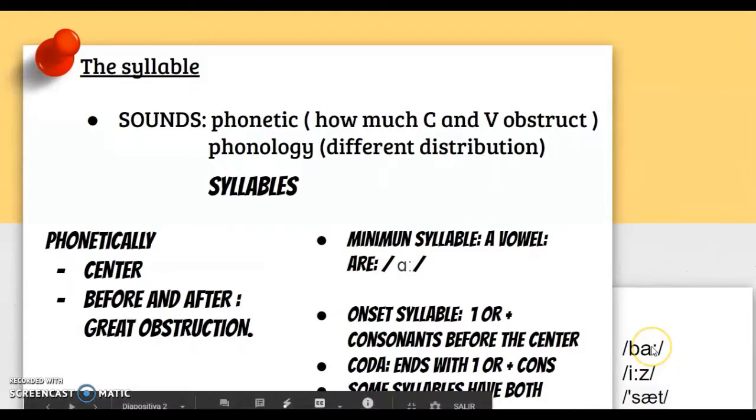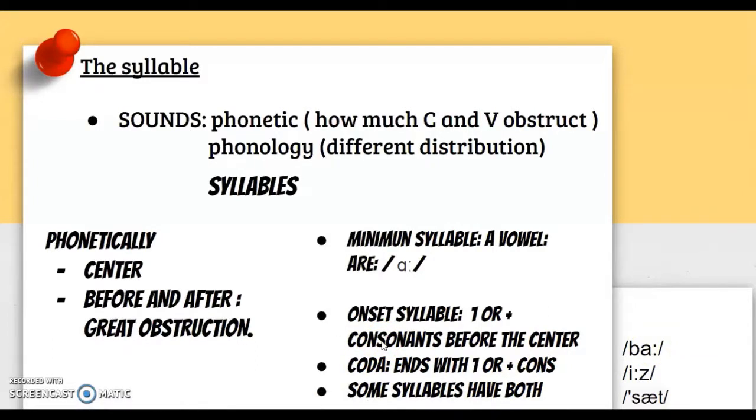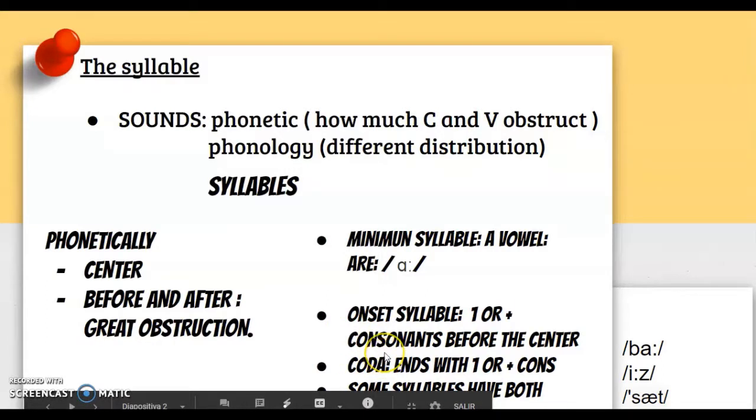Syllables may have no onset. You can find syllables with no onset, but with a coda. We have said that the coda is when the syllable ends with one or more consonants. Let's take only one. So, for example, a word such as is ends with a coda, which is the sound z.